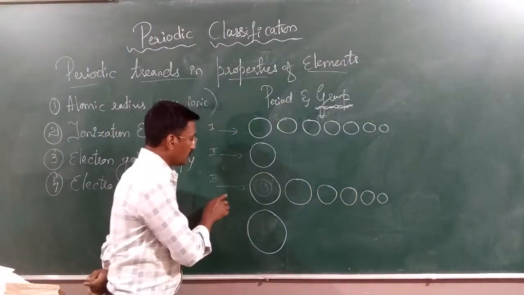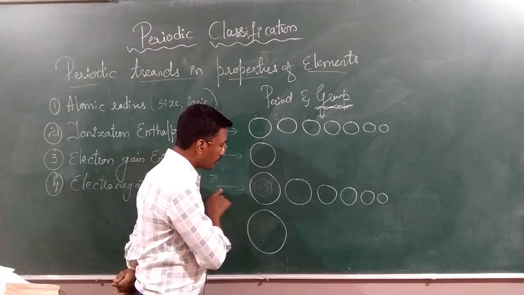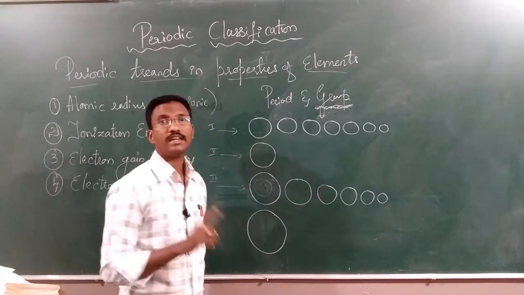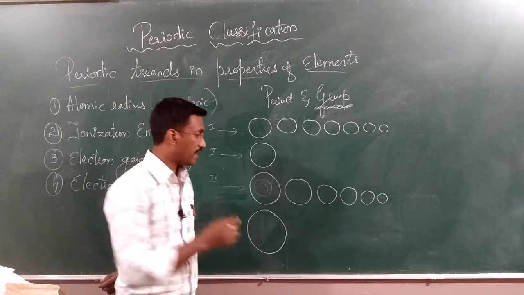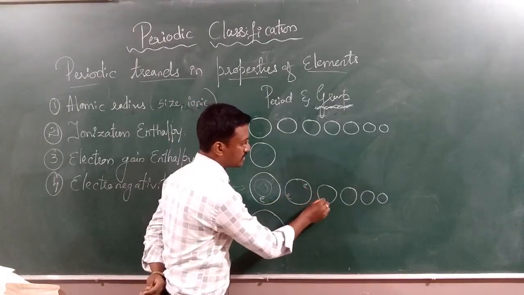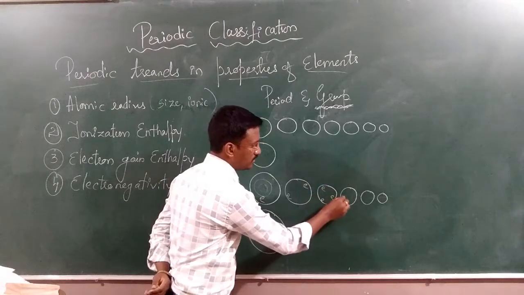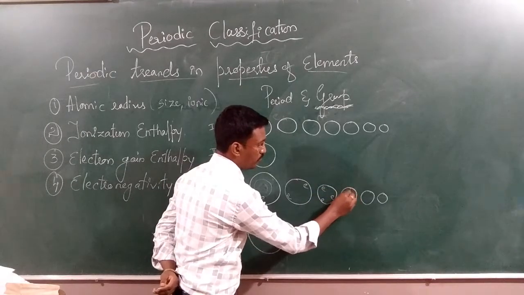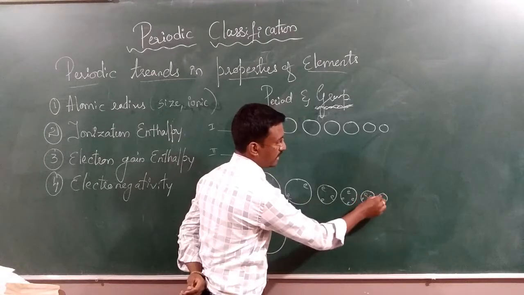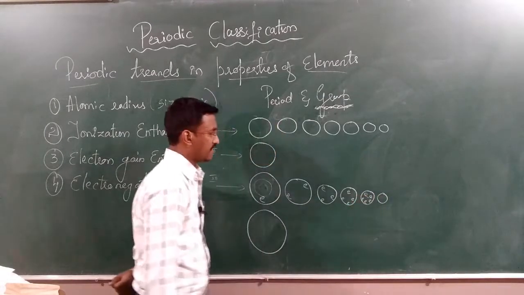So if you look at a particular period, the number of electrons is increasing in a particular shell. Here it has 1 electron, this has 2 electrons, this has 3, this has 4, this one has 5, and this has 6 electrons.